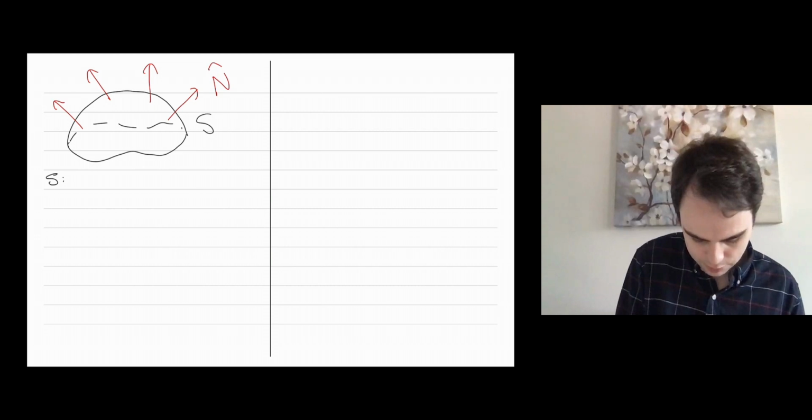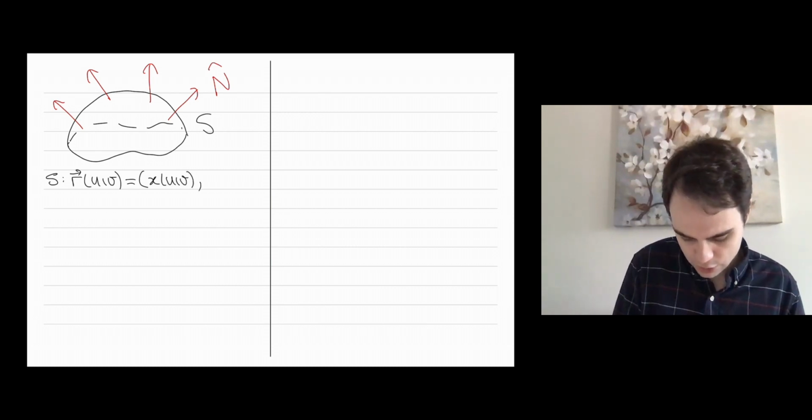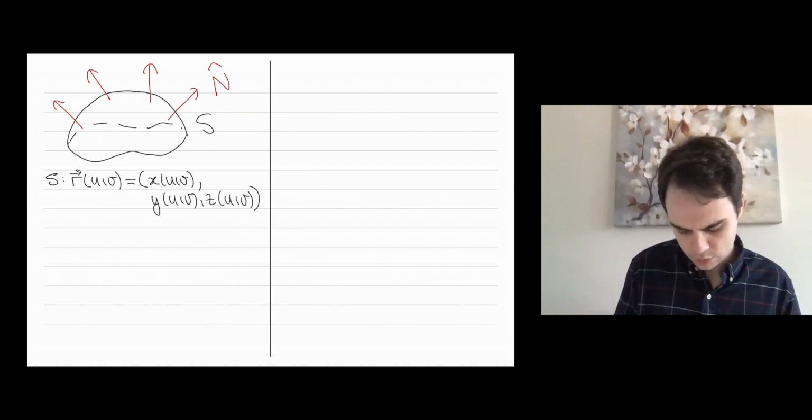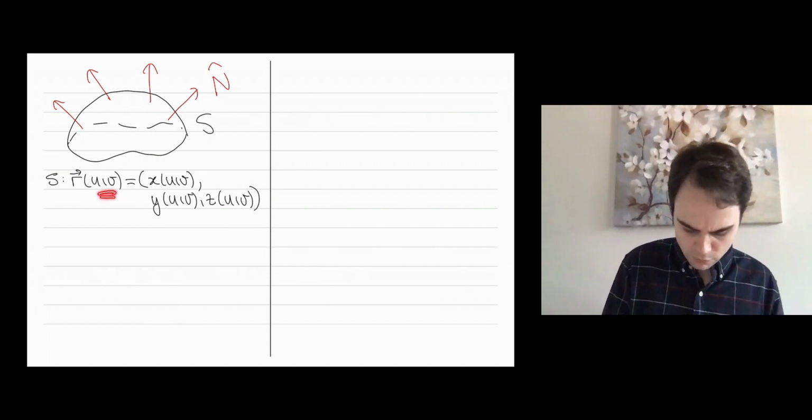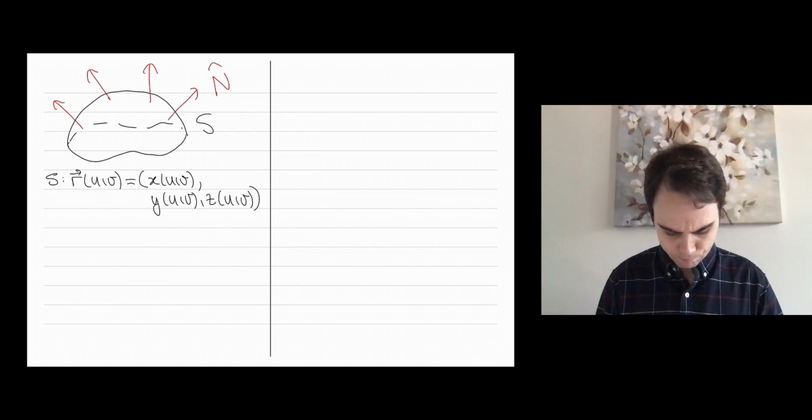So S has this parameterization R in terms of 2 parameters u and v, right? The parameterization just gives me formulas for x, y, and z on the surface in terms of u and v. If you give me points u and v, I get a point x, y, z on the surface.